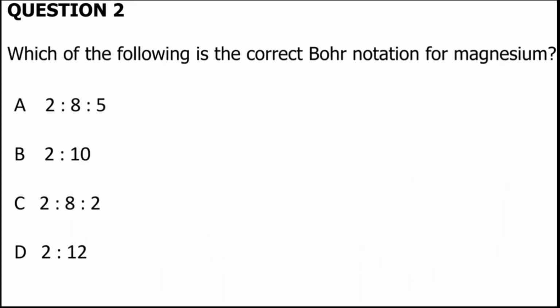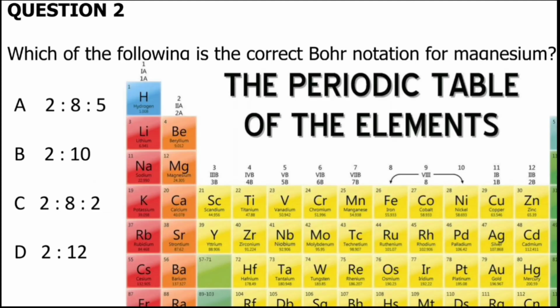Question 2. Which of the following is the correct Bohr notation for magnesium? Okay. Well, on the periodic table, magnesium is number 12. So there should be 12 electrons that I need to arrange if I was to write the Bohr notation.